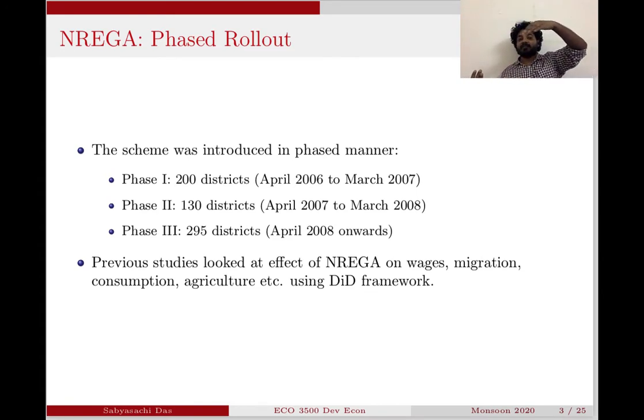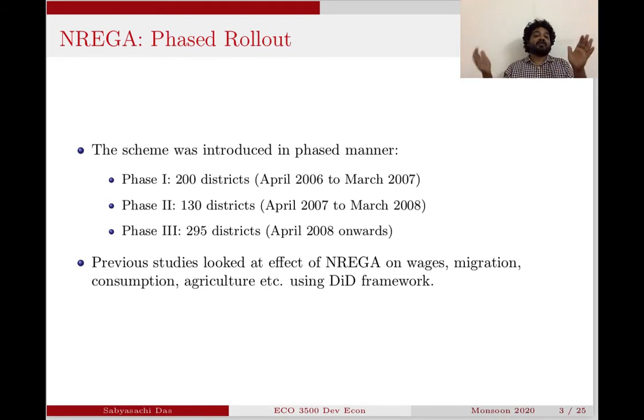Again in 2007, now both phase 1 and phase 2 are part of the treatment. So now there is a new treatment group, which is phase 1 plus phase 2. In 2007, phase 3 is the control. Okay? And then you see again pre-2006 outcomes in these two groups and outcomes in 2007, right? And in 2008, everybody is covered, so there is no control group.